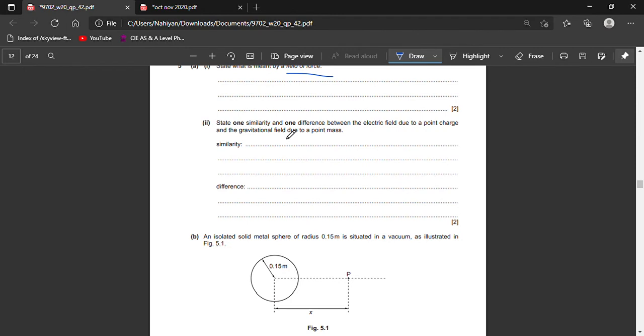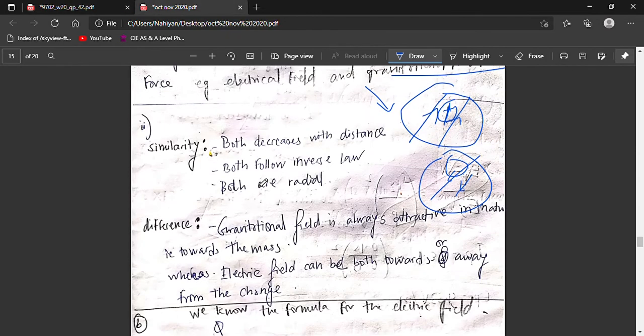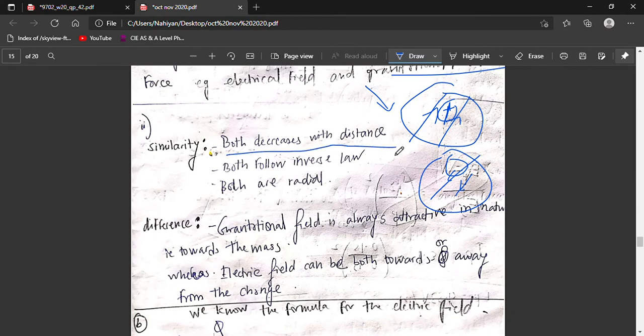State one similarity and one difference between the electric field due to a point charge and the gravitational field due to a point mass. As we know, the formulas are almost the same and the principles are almost the same. For both the electric field and the gravitational field, both decrease as the distance increases. So the first point is both decrease with distance.